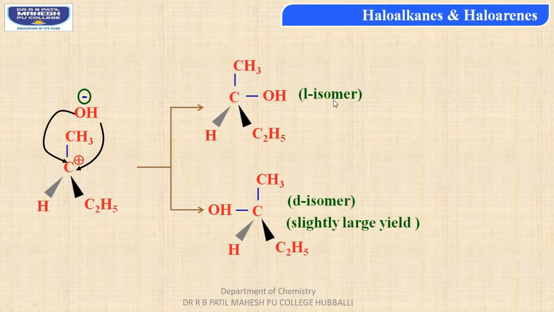Now students, if you compare both levo and dextrorotatory isomers, we are getting D and L isomers as the product. But in this case, we are getting the D isomer in slightly larger yield. And always for the SN1 reaction, we obtain a racemic mixture.